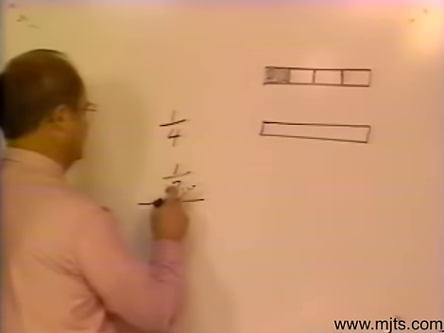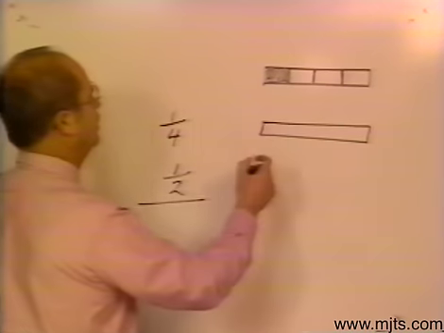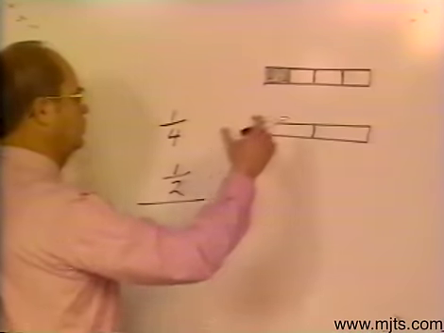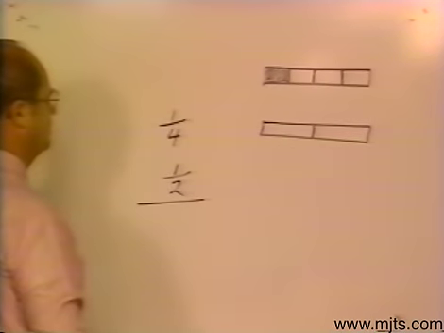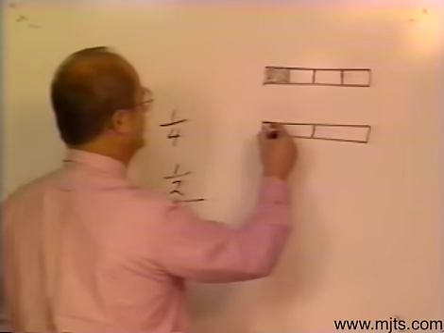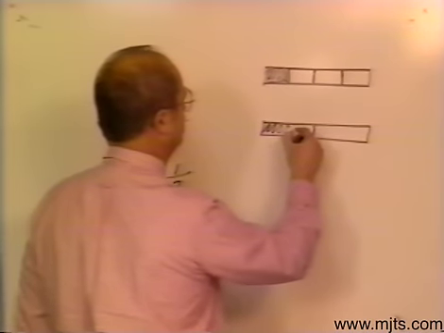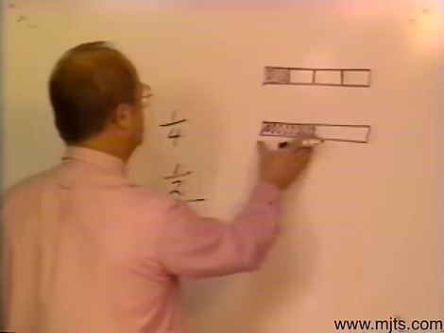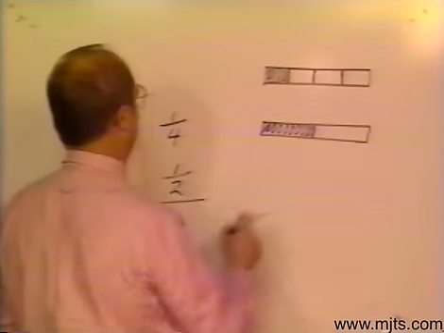Now, like I say, the denominator determines how many pieces that the whole is divided into. We're considering one of those pieces with the 1/2, so I'll shade that in. In other words, this is 1/2 of that whole.